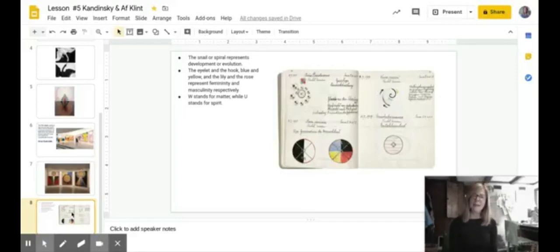We don't know anything about her personal life, but we do know what each painting meant to her because she wrote it down exactly. For example, the snail or the spiral represented the development of evolution.